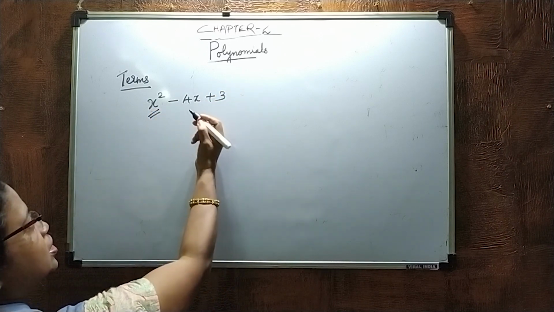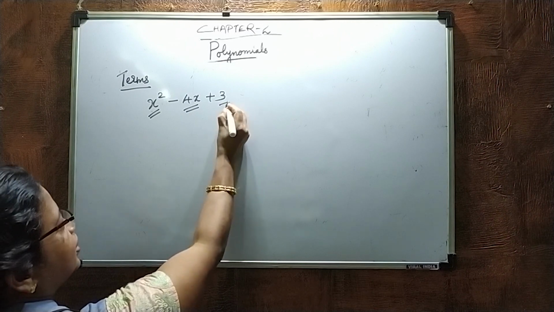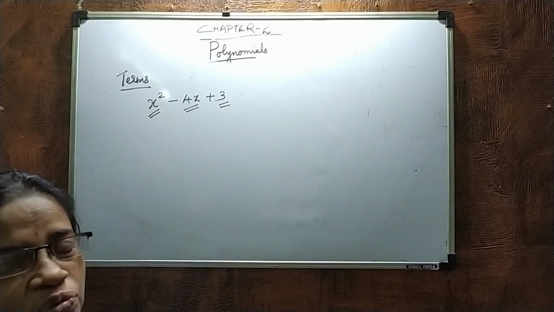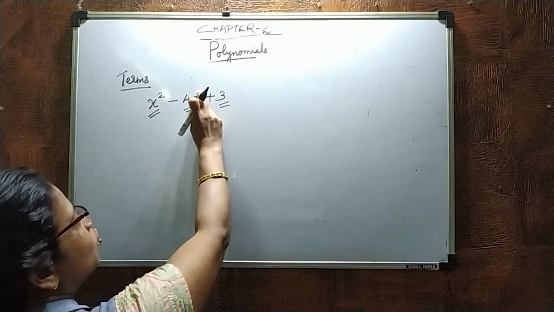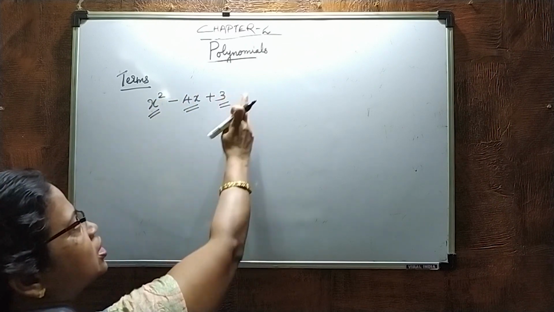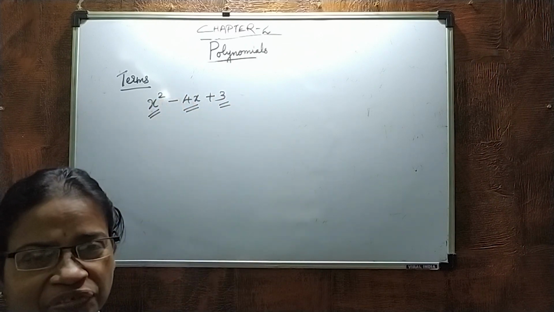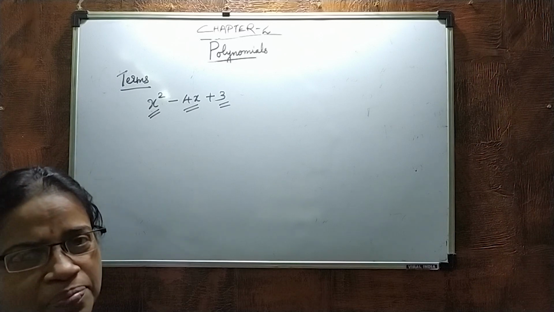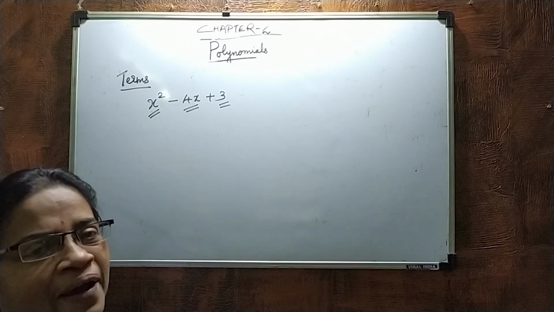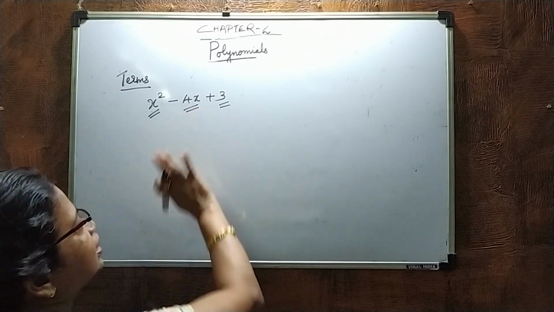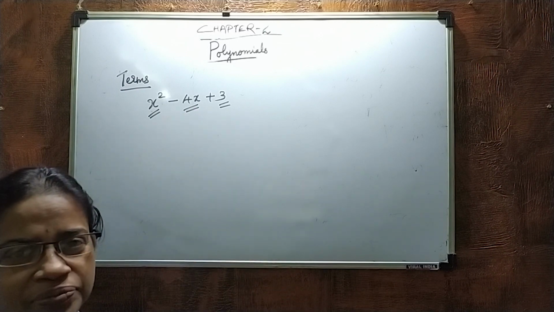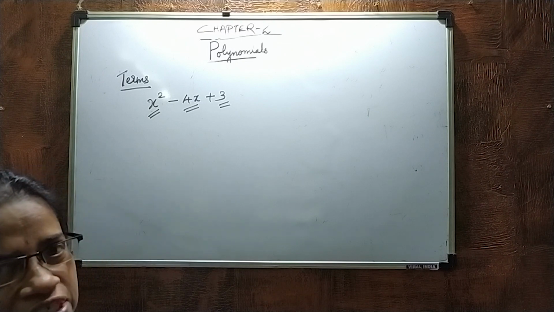Here x square is there, 4x is there, and 3 is there. It is a polynomial because the exponents 2, 1 and 0 are whole numbers. It has only one variable, x, so both conditions are satisfied.